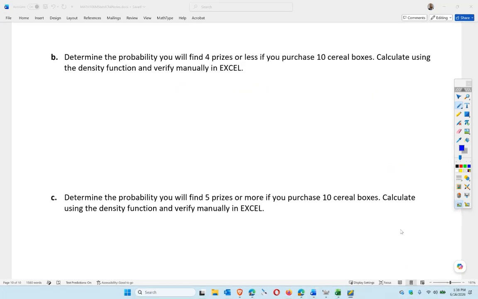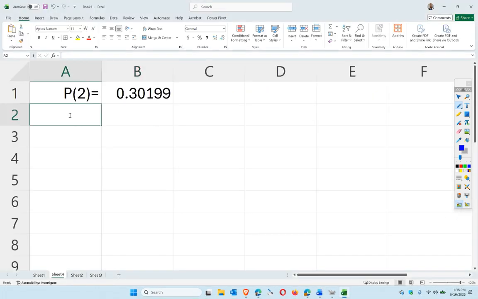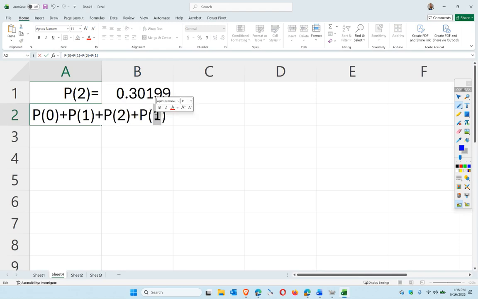Okay, so let's go to the spreadsheet. So we want to do P of 0 plus P of 1, plus, I'm going to copy these just to save some time here, P of 2, P of 3, plus P of 4. Let's make this bigger.